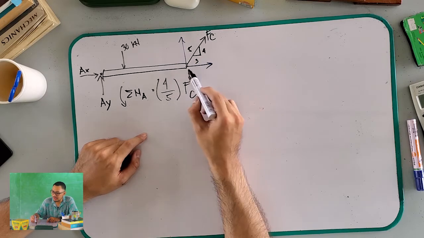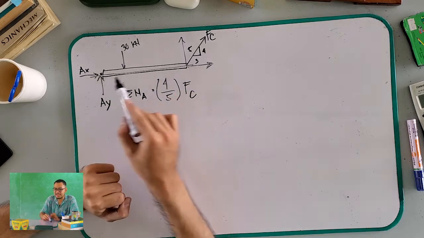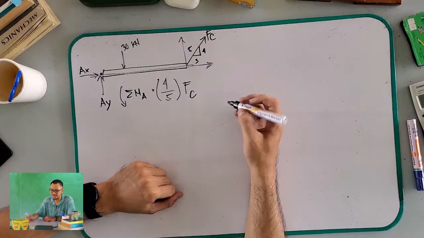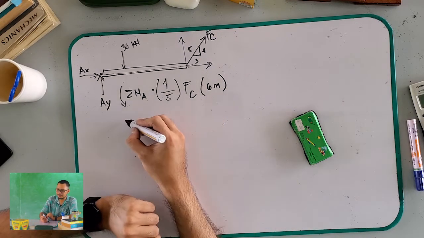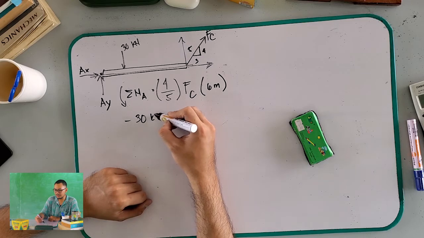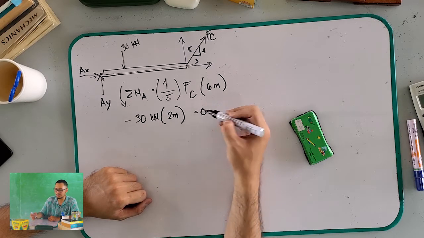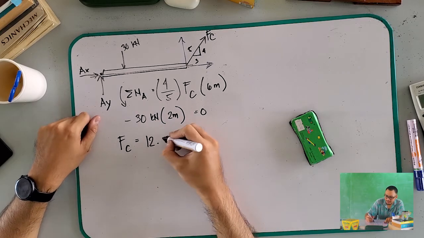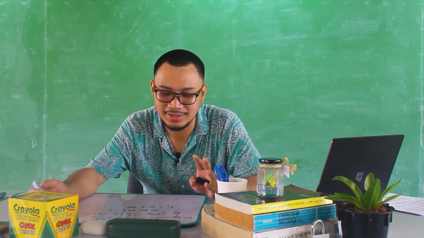How about the x component? It doesn't produce a moment because it coincides with our point of moment, so it is 0. Then the 30 kN creates a clockwise direction with a moment arm of 6 meters, so minus 30 kilonewtons times the moment arm of 2 meters, equal to 0. So FC is equal to 12.5 kilonewtons. It is called FC here, but in the module it has a different name.